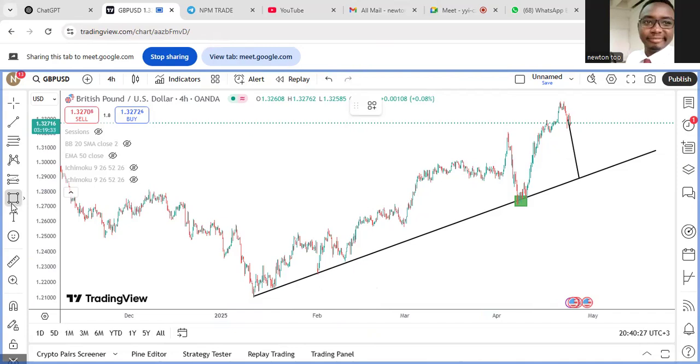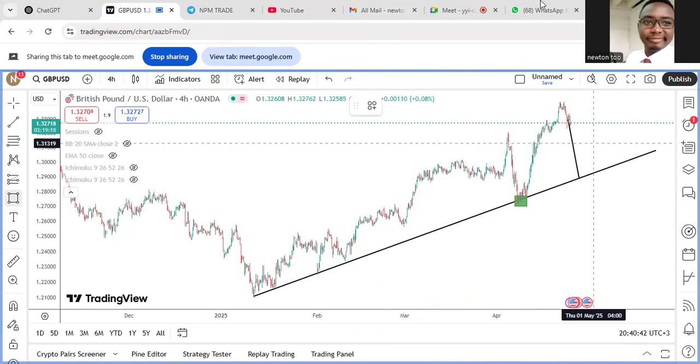In your journal, you can write the currencies, the date, and then your win or loss. You're going to track that system. So don't just trade randomly.